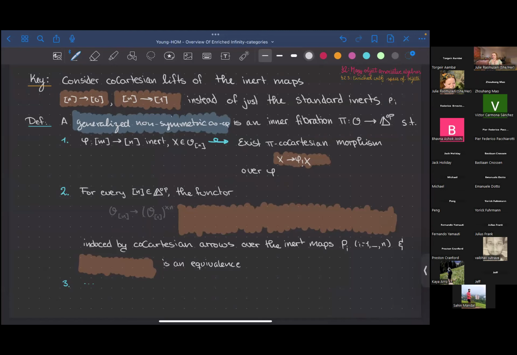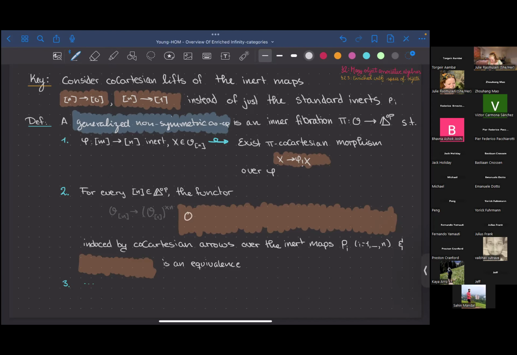And the first condition is the same as in the previous case. So given an inert map from M to N and an object in the fiber over N, there needs to exist a co-Cartesian morphism or lift of it. The change comes in part 2. So before we had that we considered the map from O_N to the product of O_1, and we wanted that to be an equivalence, and that was induced by the co-Cartesian lift of the standard inerts.